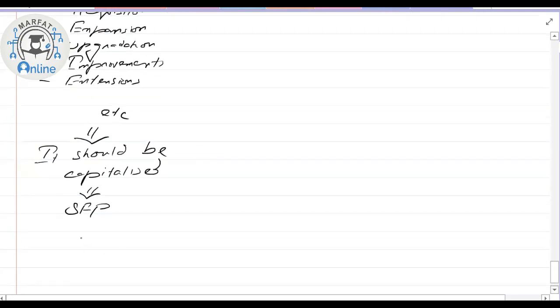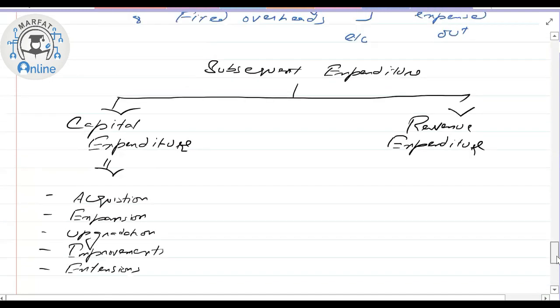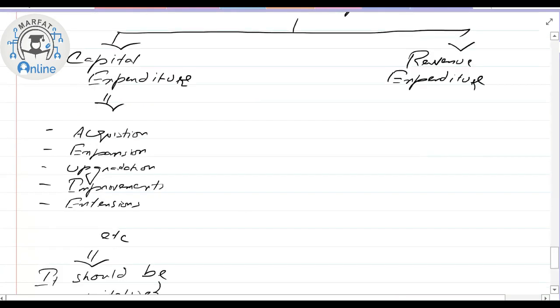And what is going to be the double entry for capitalization? Debit asset, credit cash. So any subsequent expenditure of the capital nature should be capitalized.